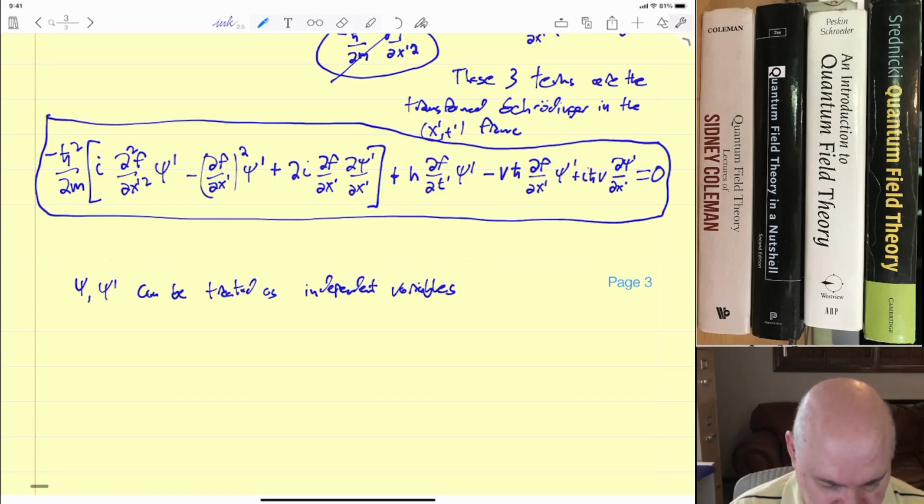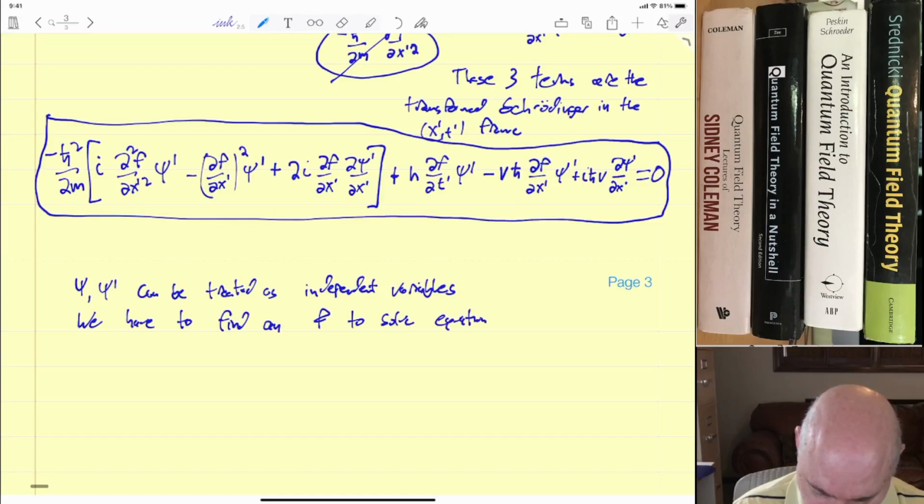And also, we have to find an f. Always. As we want an f, we want to solve this equation. We're going to choose an f so that this equation will always be solved, regardless of what psi is and regardless of what psi prime is.